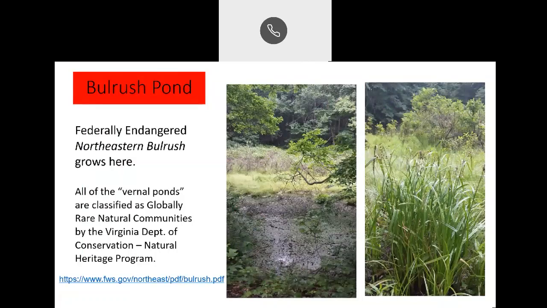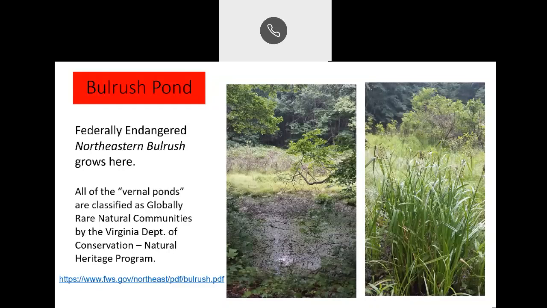This slide should read Bulrush Pond, and this is one of the sinkhole ponds or karst wetlands in that Castile Sinks area. And this particular pond is so named because it harbors the federally endangered plant, the northeastern bulrush. So there are often rare species, rare elements.